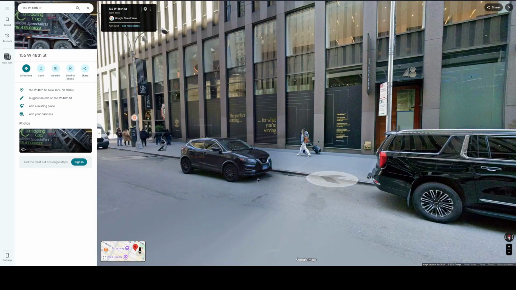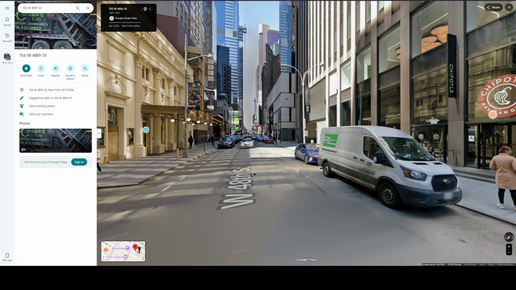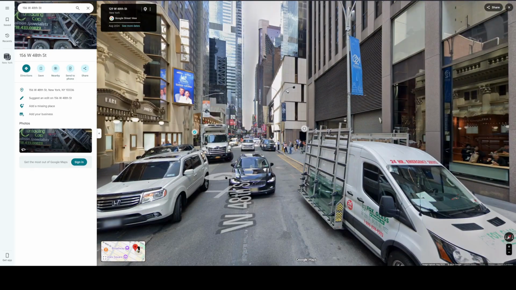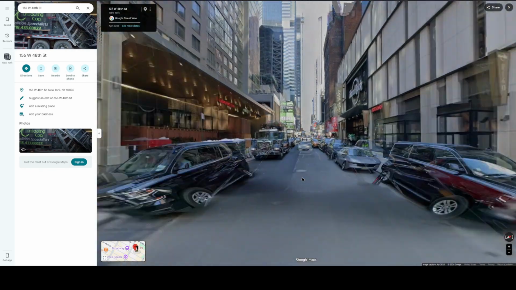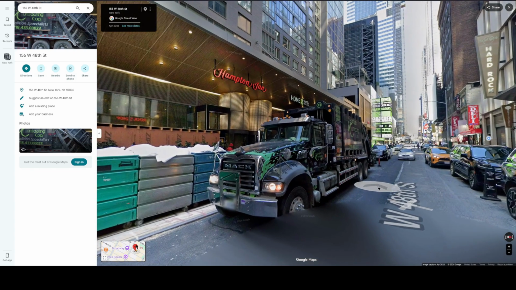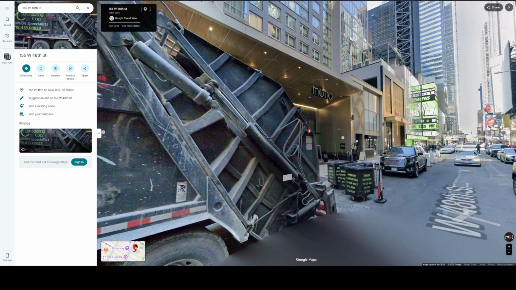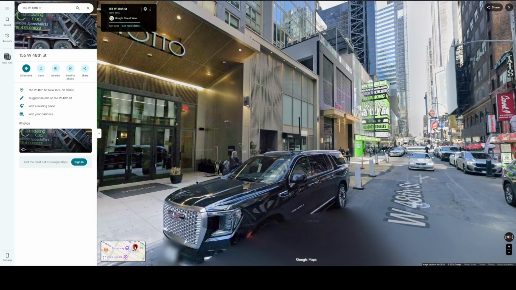It's called like Hampton Inn, I think. Oh, okay, I don't know. I guess I placed the little figure down wrong. So right here you have a Hampton Inn, appropriately with a garbage truck in front of it.